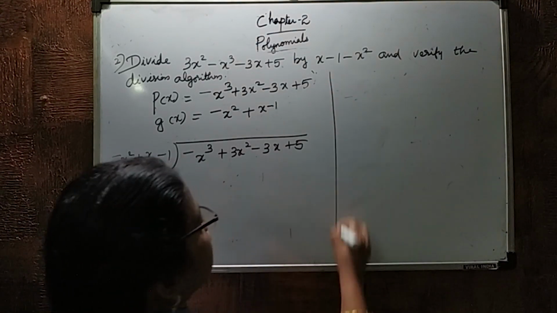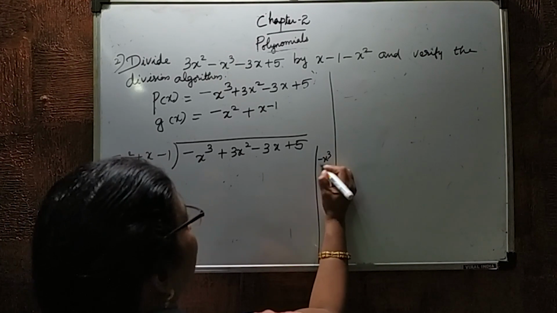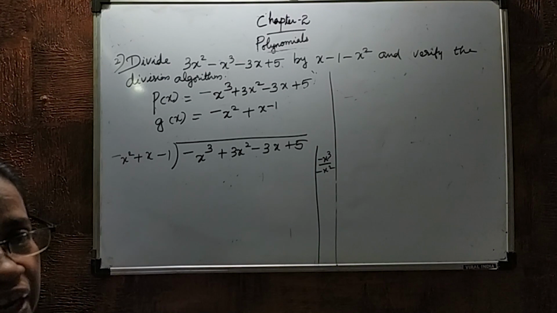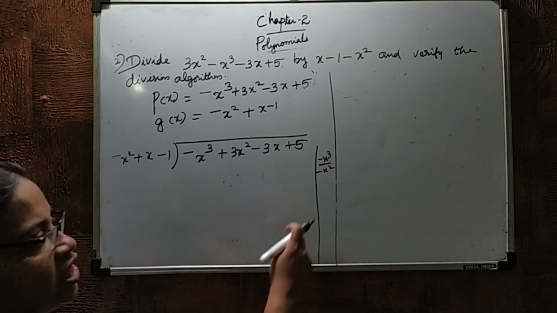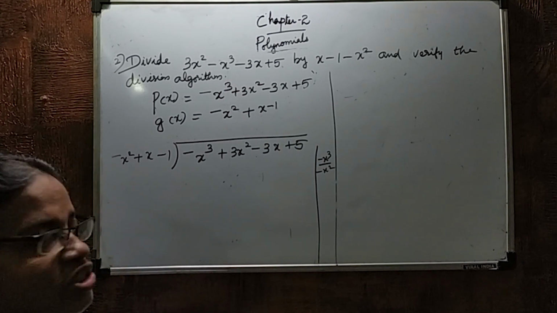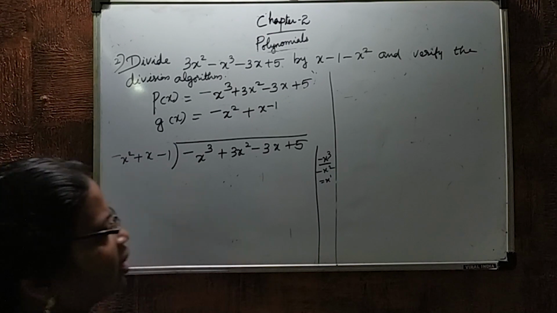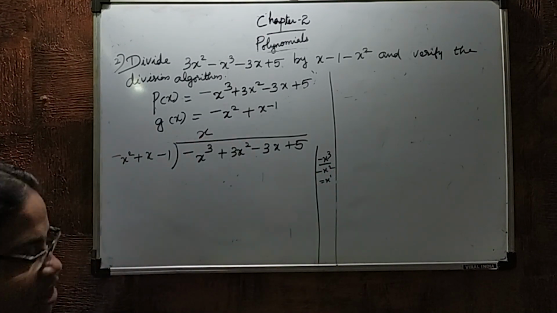So here it is negative x cube divided by negative x square. Negative divided by negative is positive, x cube divided by x square. It is a raised to m divided by a raised to n is equal to a raised to m minus n. That means 3 minus 2 gives 1, that means x itself. Negative divided by negative, positive.